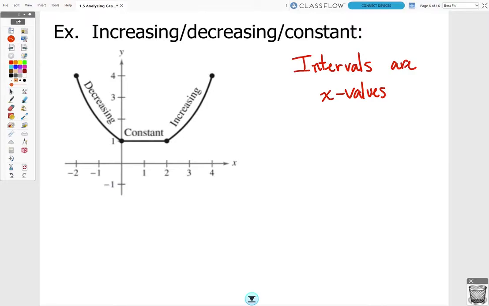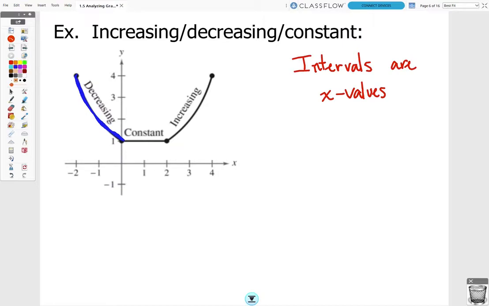It describes the portion of the graph that is changing, or in this case, for the first one, it says decreasing. If you notice right in here, it is decreasing in here. This graph is going from a higher function value to a lower function value.